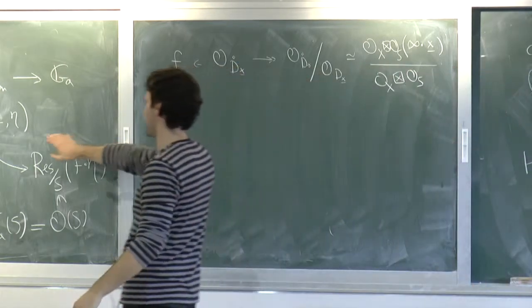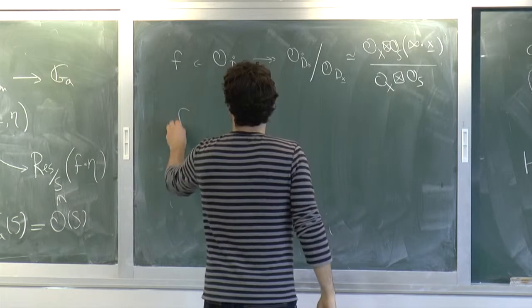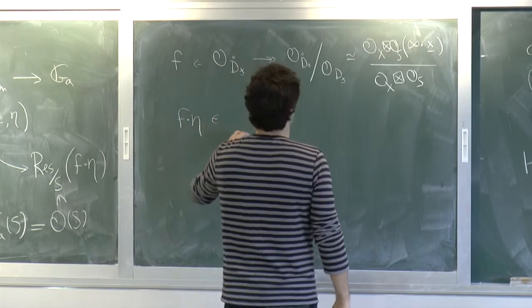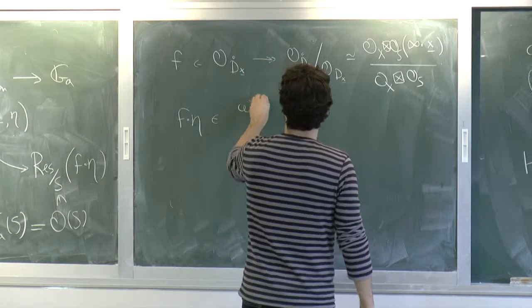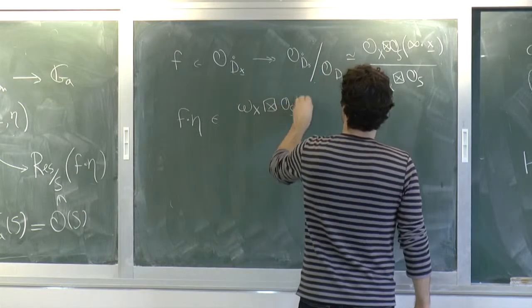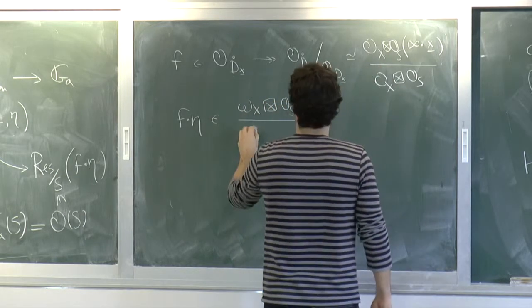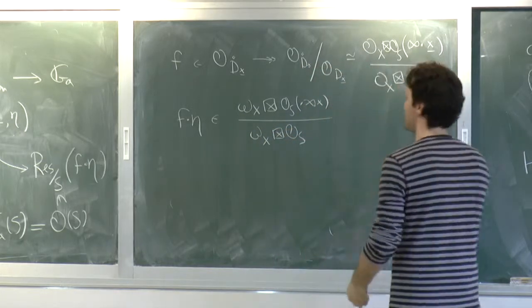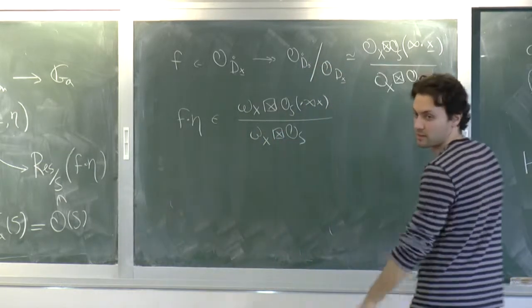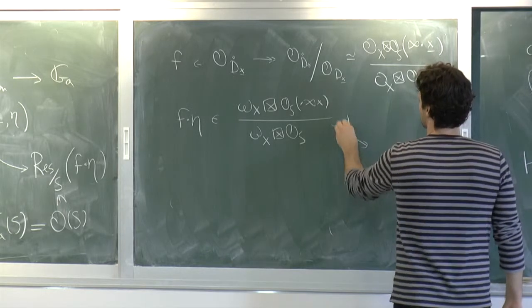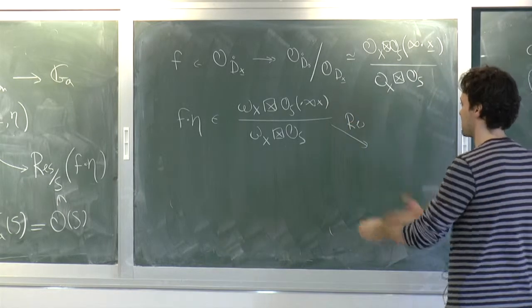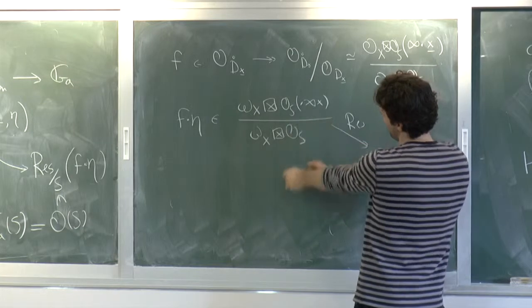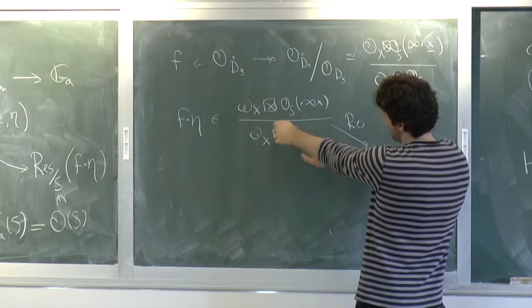Then when I multiply by eta, I go into omega_X boxtimes O_S, and for that you take the residue relative to S. So just think about the picture. For each point of S, you have.